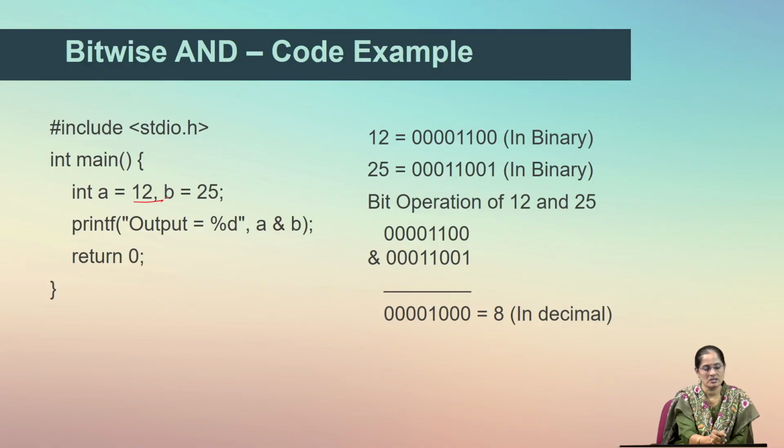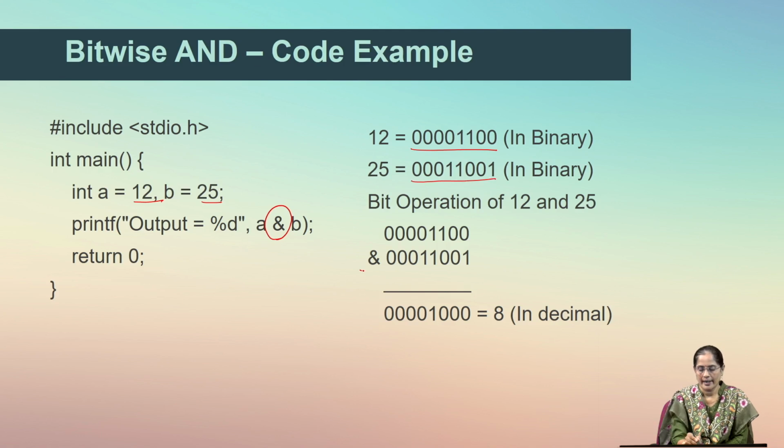If it is applied in a program, how do we use the bitwise AND operator in a program? Very simply, we can use integer values as decimal values, 12 and 25 for example, and we perform the AND operation bitwise. When we apply the bitwise AND operation, the integer values will automatically be converted to their binary equivalents: the binary equivalent of 12 and the binary equivalent of 25.